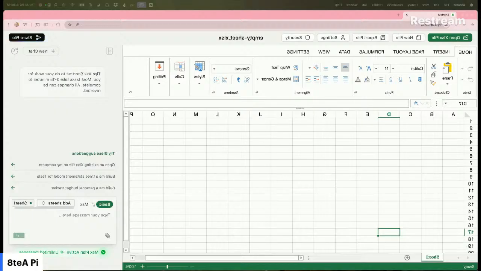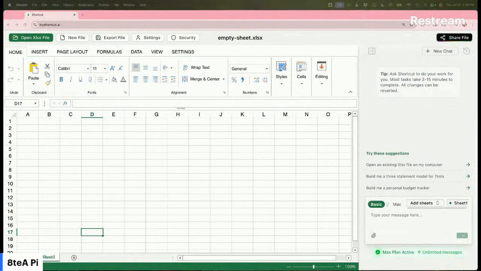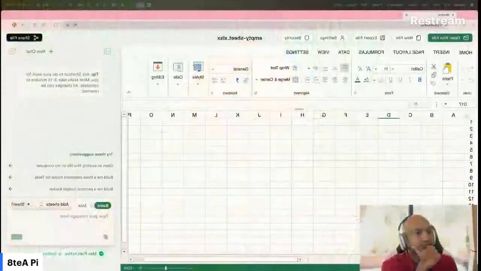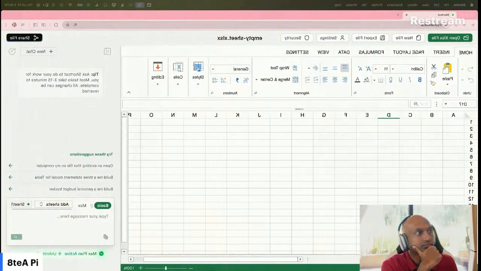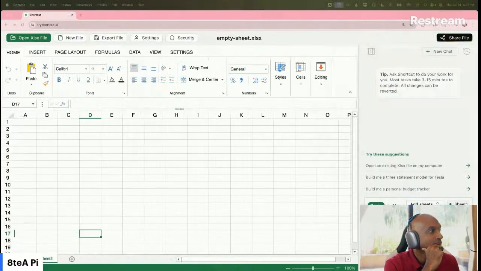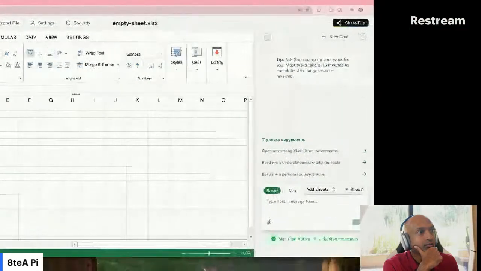Okay, it's flipped. Flip horizontal. There. And I need to move. Uh-oh.